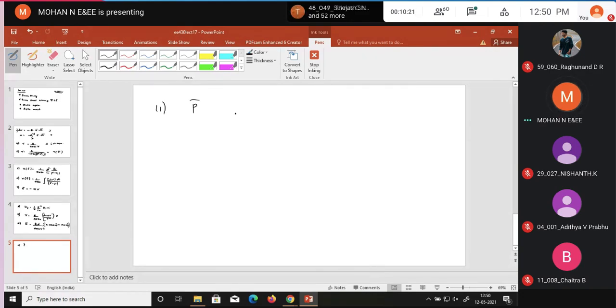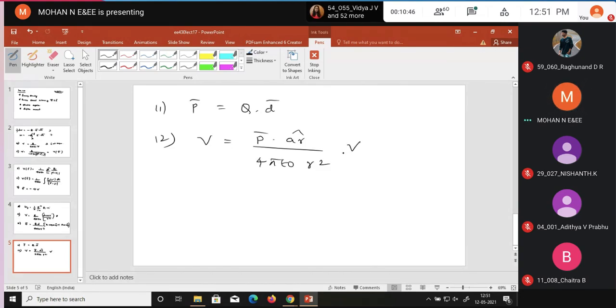So P vector is given by Q into d vector, and we discussed the potential in terms of dipole moment. That is P vector dot a r vector divided by 4 pi epsilon naught r square volts.